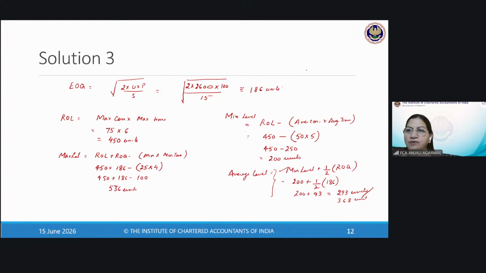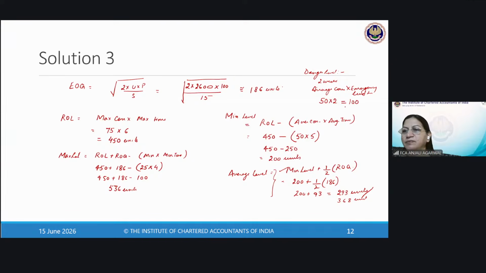We also have one more level, which is called danger level. It might be said that though the lead time is 4 to 6 weeks, if there is an extreme emergency, you may also get it in, let's say, 2 weeks. So danger level is average consumption into emergency lead time. Your average consumption was 50 units per week, and the emergency time is 2 weeks.